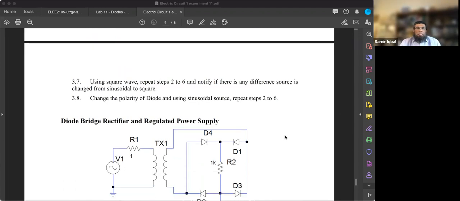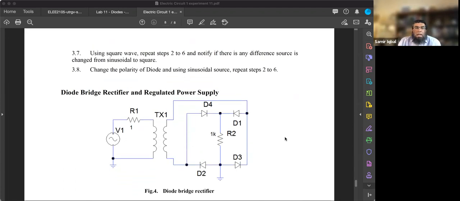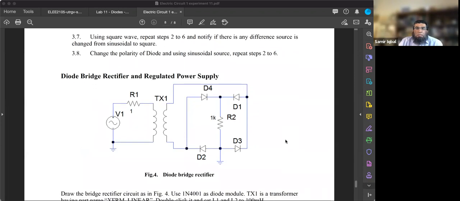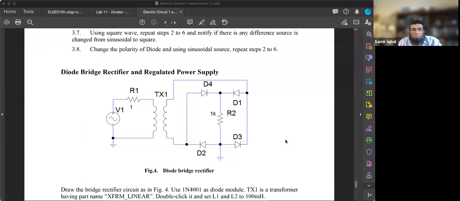And the last one is the diode bridge rectifier and regulated power supply. So exactly the thing which I showed you, the bridge rectifier, the full wave rectifier, you will lay it out in this way.